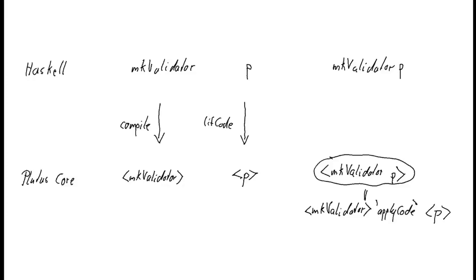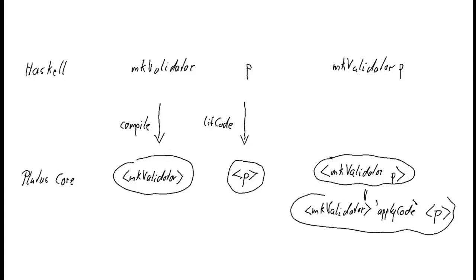So using lift code, we can compile P at runtime to Plutus core, and then using apply code, we can apply this Plutus core function to this Plutus core value to get this, which is exactly what we want.